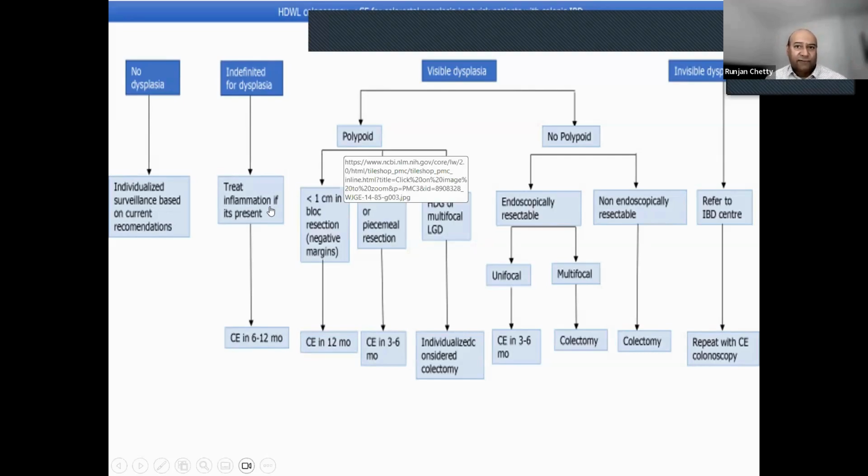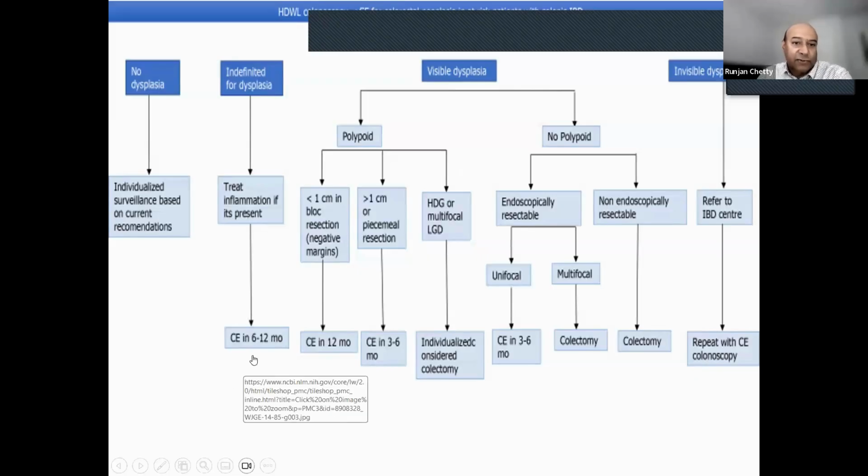It really should be reserved for when you cannot really make up your mind and there is no reason why the nuclei look the way they do. So treatment of inflammation, if inflammation is the cause for indefinite for dysplasia, and then they advise chromoendoscopy after a period of 6 to 12 months, again, depending on the individual patient.